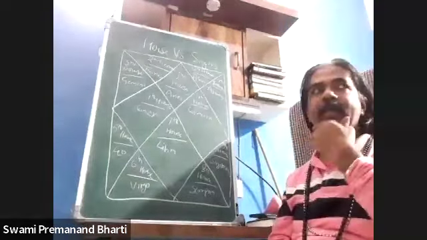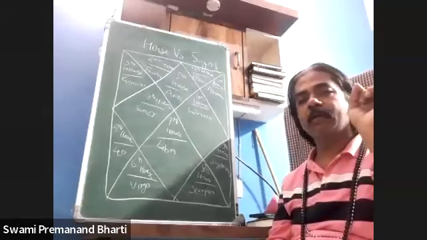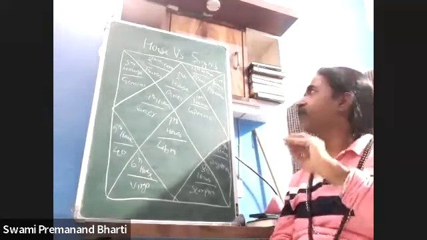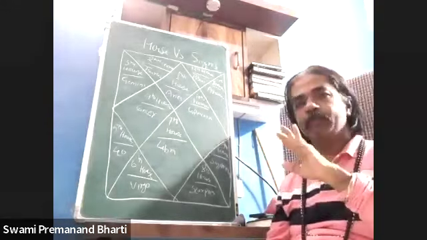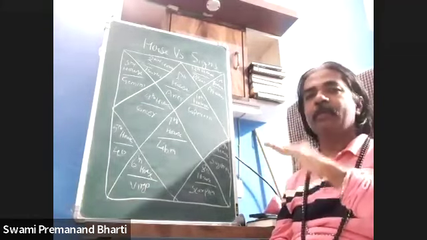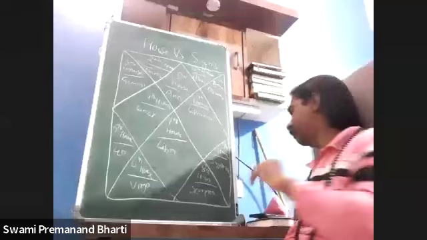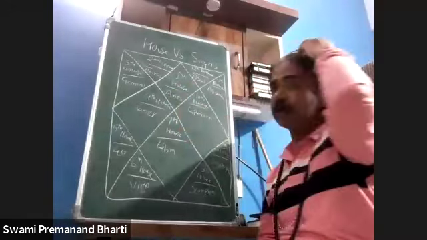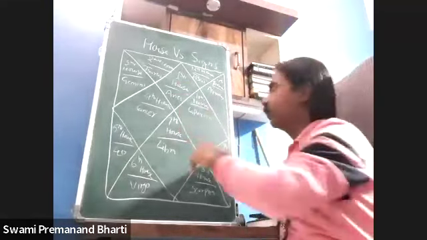Now, all these signs are described in various categories. The first category is very simple: masculine and feminine. Some signs are masculine by nature, some are feminine by nature, in alternate order, which is very simple to remember.